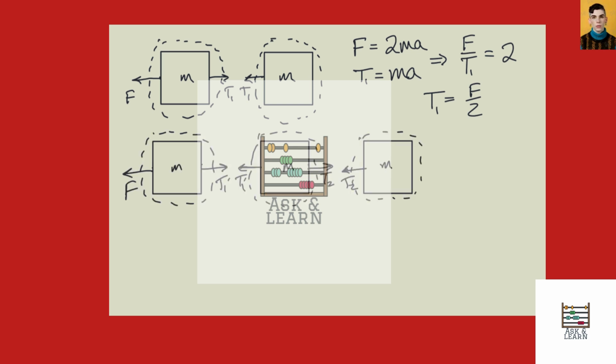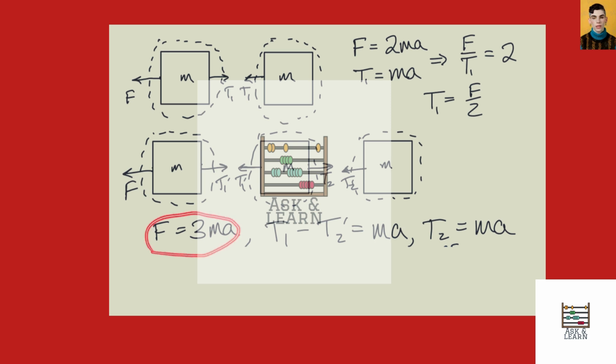In the third case, we have three boxes, and we'll call this one T1 prime, the tension between those two, and between these ones we'll call T2. Now note that T1 prime and T2 are not going to be equal, so don't make the implicit assumption that they are. Writing Newton's laws for these, we see that we know from the first case that the total force equals 3m times acceleration.